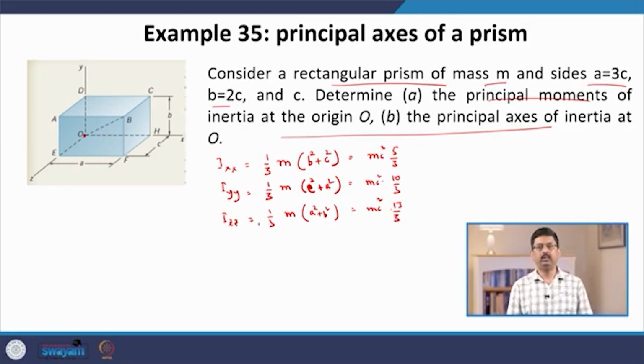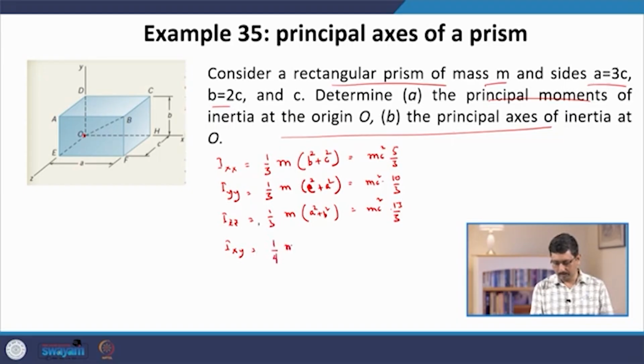So, these were the components, and the products of inertia were as follows. Ixy was 1 by 4 m a b, where a is 3 and b is 2, so this is m c square times 3 by 2.